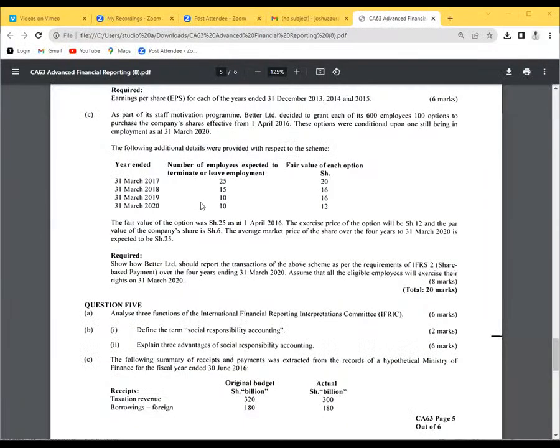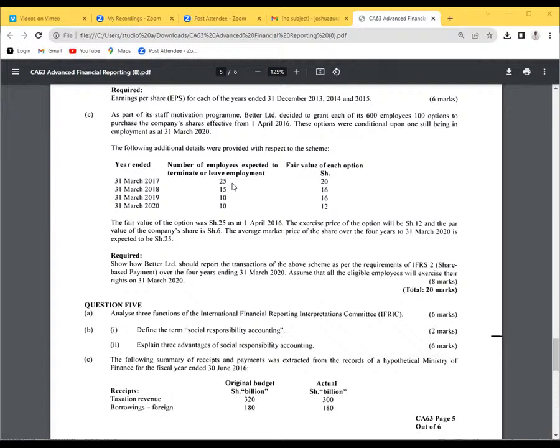So then we are told here the number of employees expected to terminate or leave employment. This was a very easy narration. It doesn't have those percentages. So for the first year, ladies and gentlemen, we expect how many? This is quite straightforward. The first year they expected to leave are 25. So simply take 600 minus 25. They simply have given you the actuals.